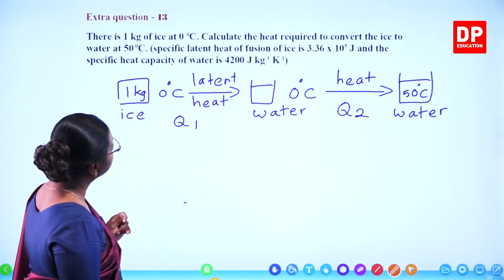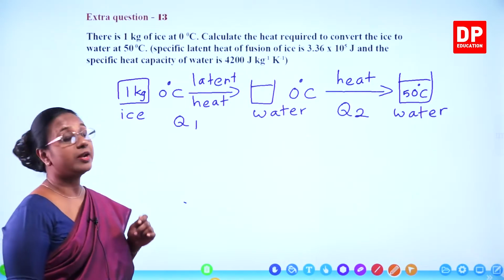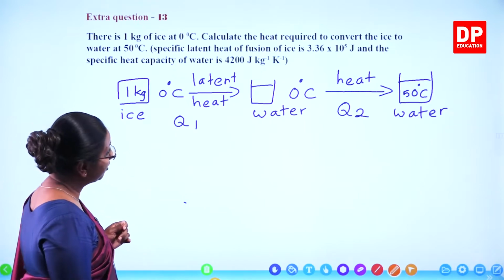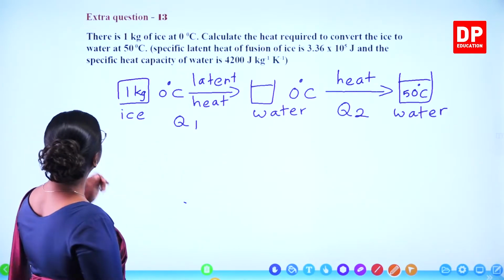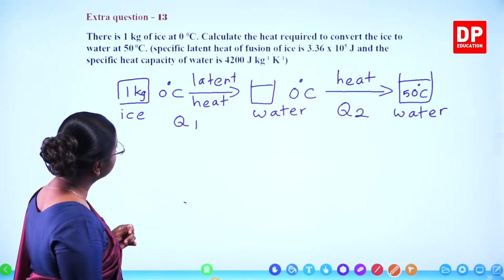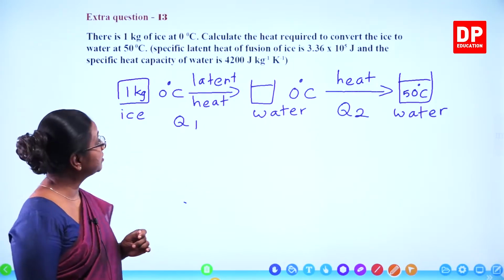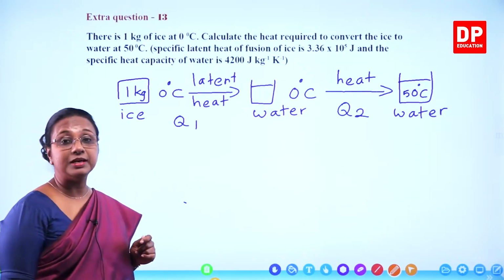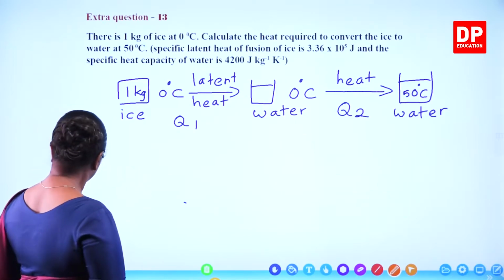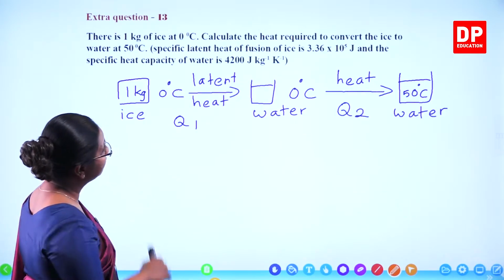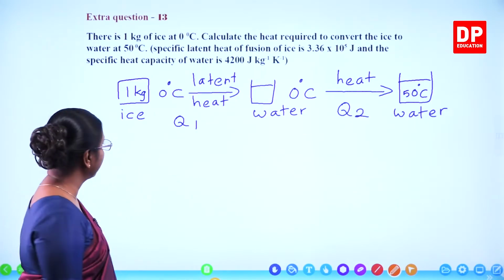Specific latent heat of fusion of ice is 3.36 into 10 to the power of 5 joules, and the specific heat capacity of water is 4200 joules per kilogram per Kelvin. So, there we are given the values that we need to calculate the amount of heat.